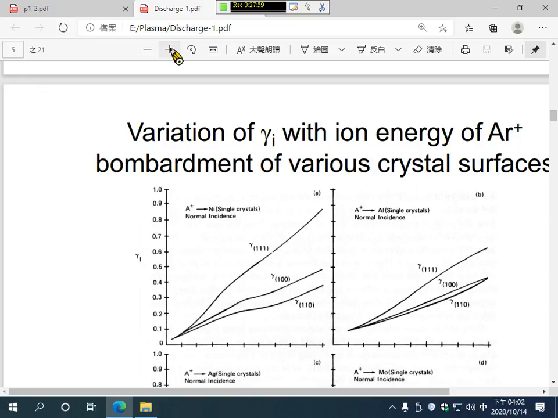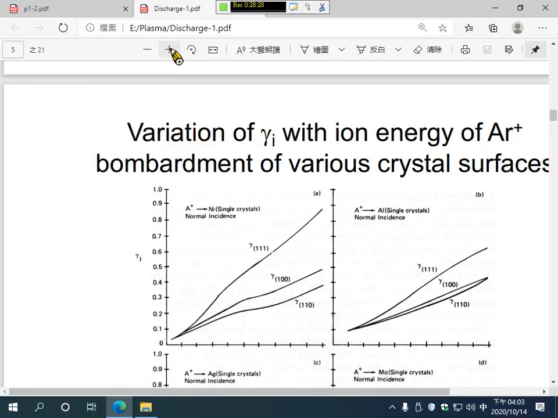And here is argon ion bombarding the aluminum surface. Also, the 111 surface can emit electrons easily, and the electron emission capability of the 110 surface is less than the 111 surface.